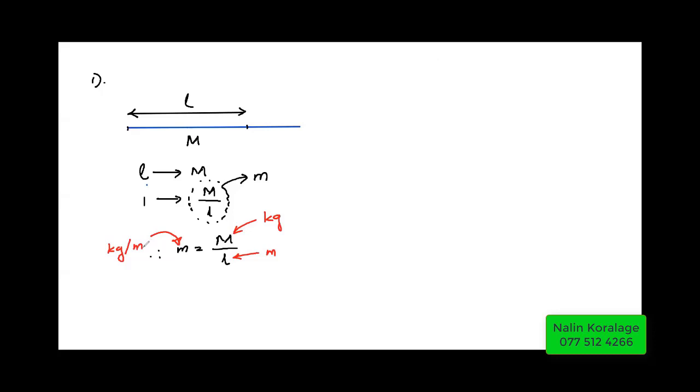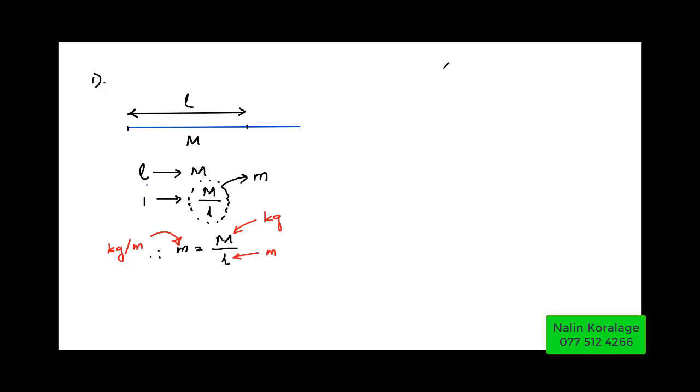Now, if I make the mass the subject, mass is equal to m multiplied by the length. Simple m means one mango's price multiplied by the number of mangoes will give you the total price.